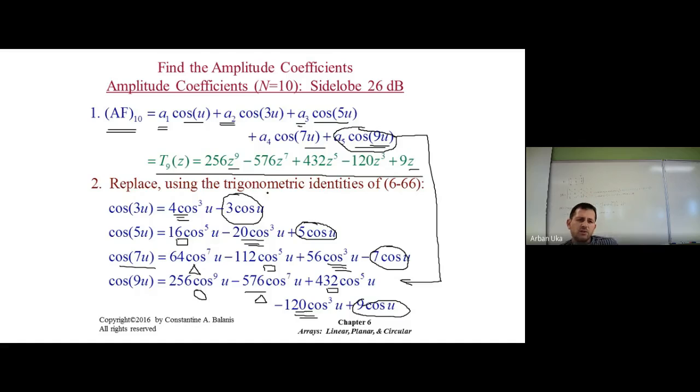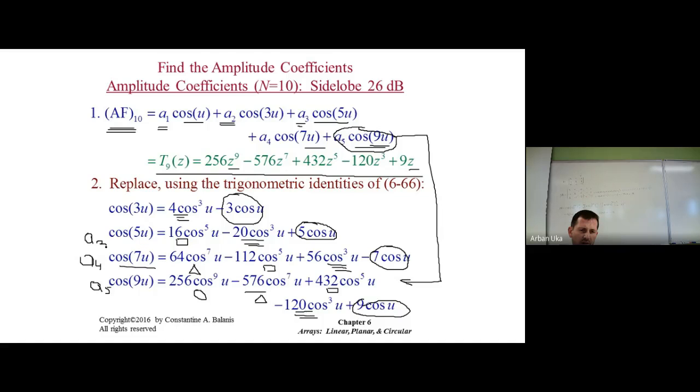So what we want to do, and let me try to explain, is that this array factor is cosine 9U times A5. So let's add A5 here. Then cosine 7U times A4, so this is the fourth coefficient. Cosine 5U, this is A3, and so on.